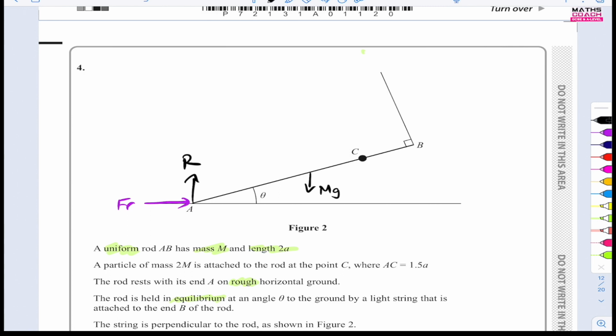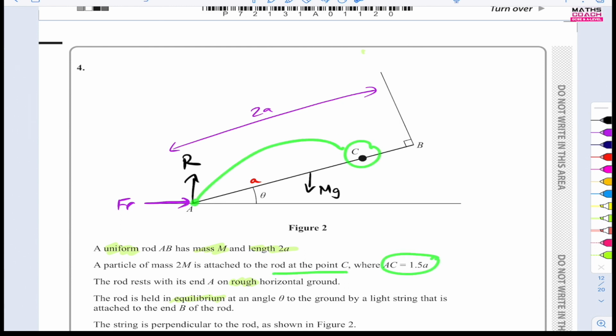All right. Now we're also told the length of the rod is 2a, so that means from there to there is 2a. So the halfway point from there to there is just a. Okay, and obviously from there to there is also a. So let's write the first a down here. That's a. And what we're told about C: C is at the point where A to C is 1.5a.